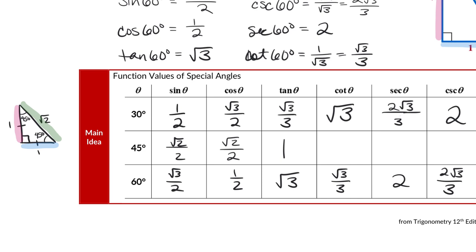The reciprocals are just the flipped fractions, but if we're doing the reciprocal of 45 degrees, so cotangent of 45 degrees would be adjacent over opposite, 1. Secant would be hypotenuse divided by adjacent, which is just square root of 2. And then cosecant would be hypotenuse over opposite, which is just square root of 2.